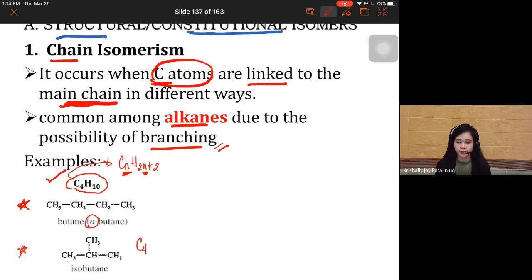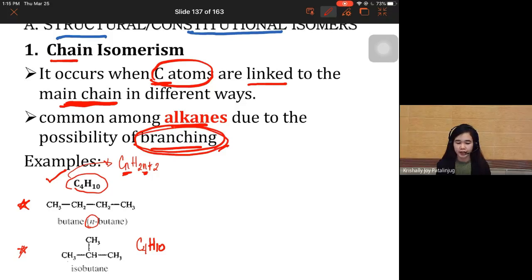Tama? 4 carbons yan. Then, bilangin niyo yung hydrogen, di ba? That is still 10. So, the same yung formula ng dalawang molecule na to. But, they differ on the structure. Specifically, saan sila nagdi-differ? They differ on the branching.